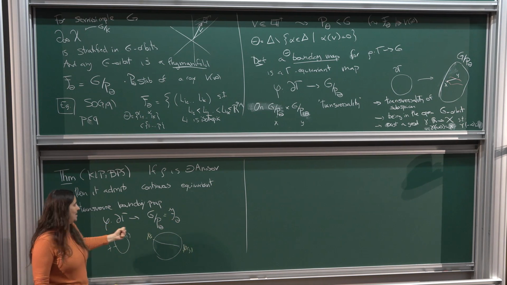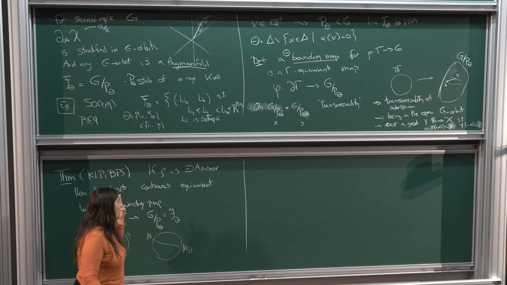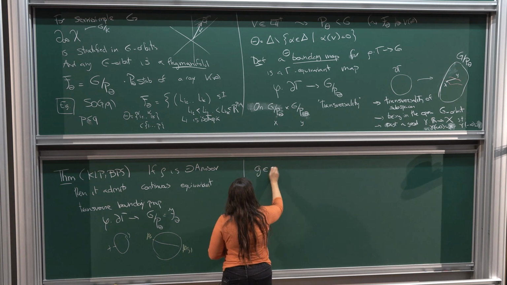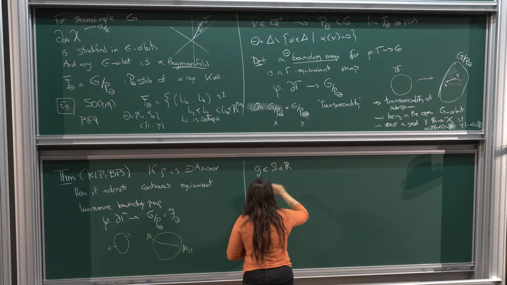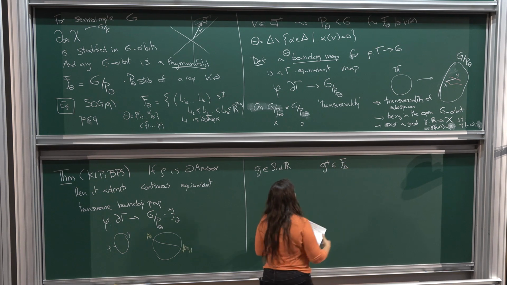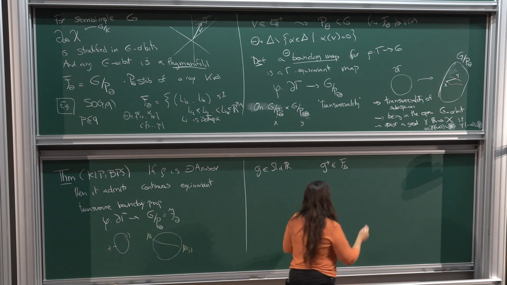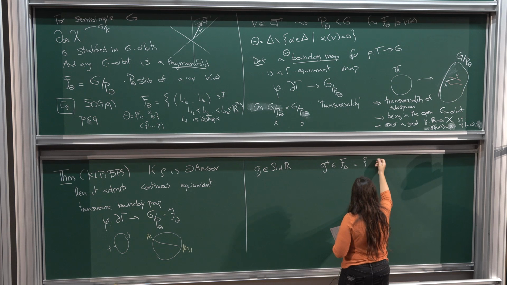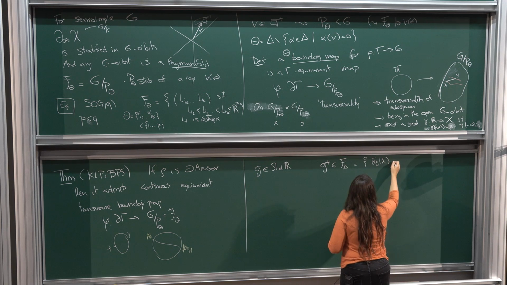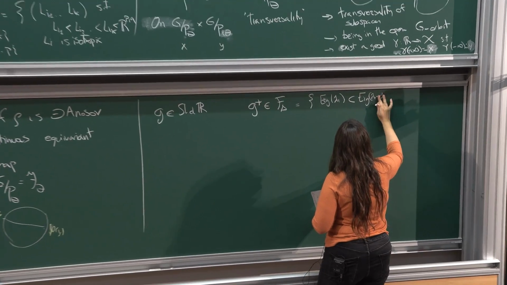Every element has a single attracting fixed point in the flag space, which in SL(d, R), if g is an element of SL(d, R), then g plus in F delta. To give an example, I take the flag with respect to everything. This is the eigenspace for lambda 1 containing the eigenspace for lambda 1 plus lambda 2 plus the eigenspace of lambda 2.